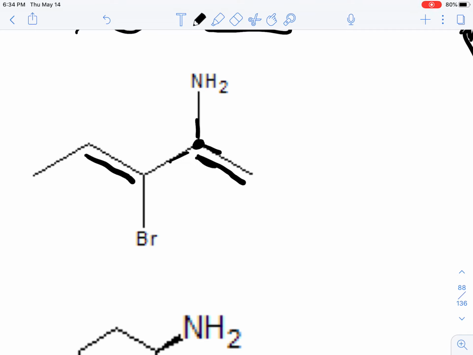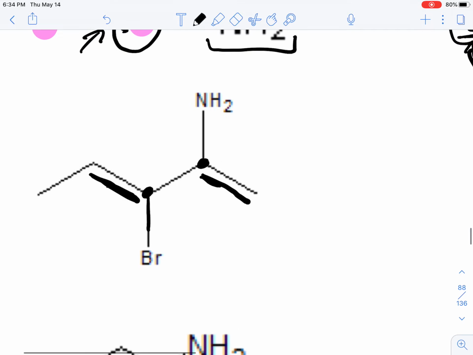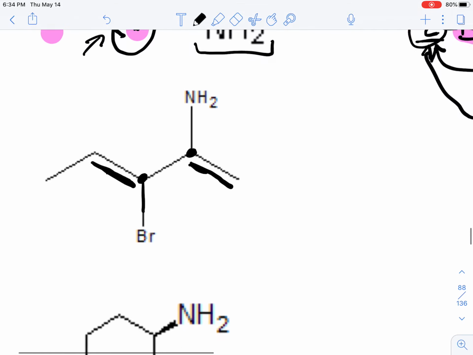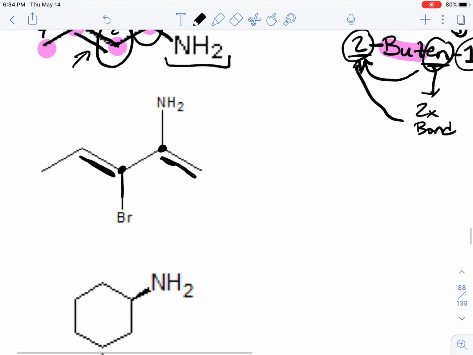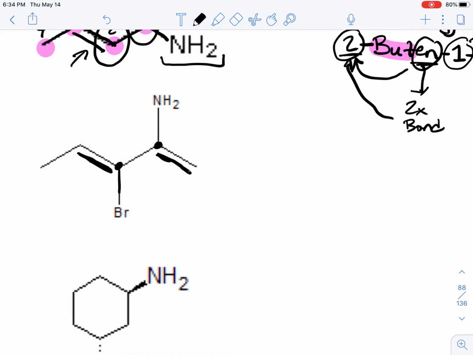So I'm not breaking my octet on that carbon. And on this carbon, I have 1, 2, 3, and 4. So by placing those double bonds on this ring, or not on the ring, on this organic compound, I'm still following the octet rule and I didn't break it. So this is a valid organic compound.